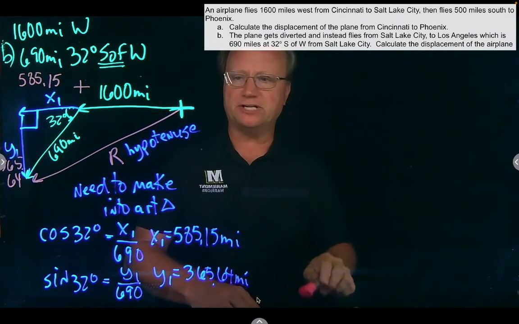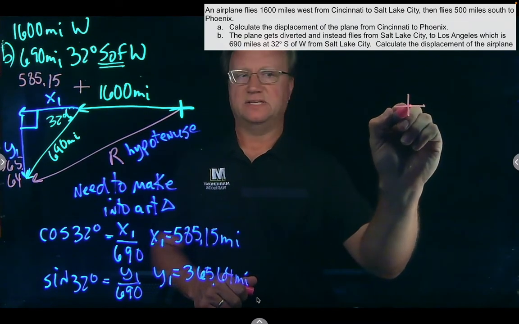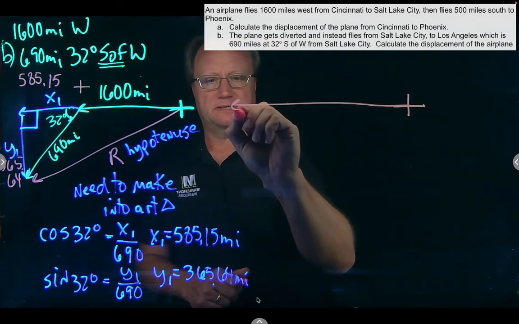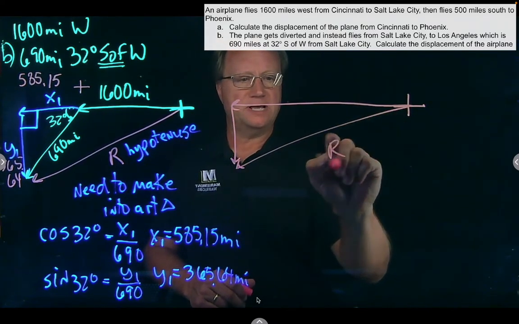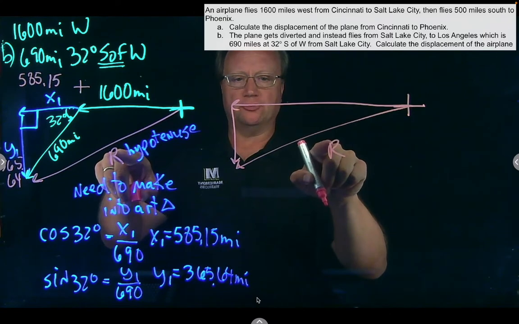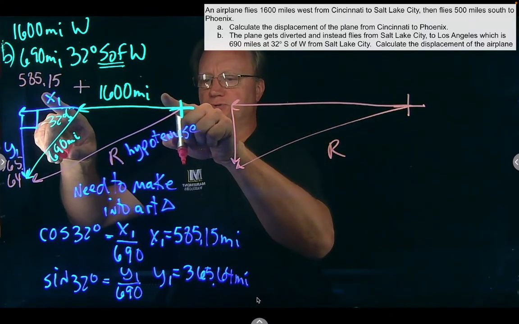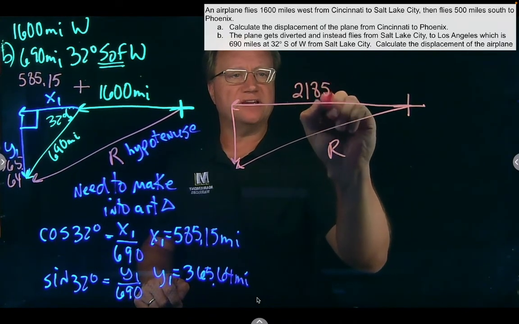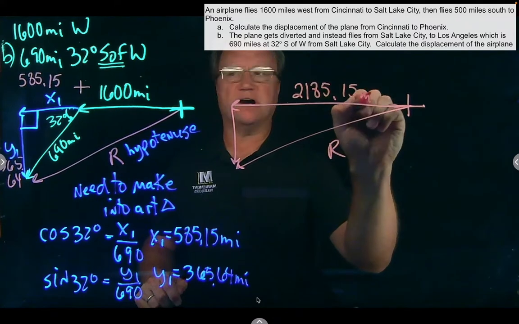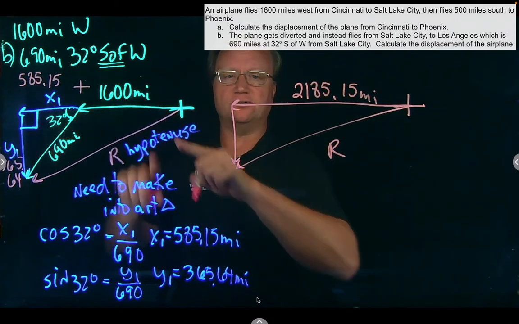So then if I redraw my entire figure, here is the same R that I drew right there. Now this side is going to be the total of these two sides, so that's going to give me 2,185.15 miles when I add the 585.15 and the 1,600.